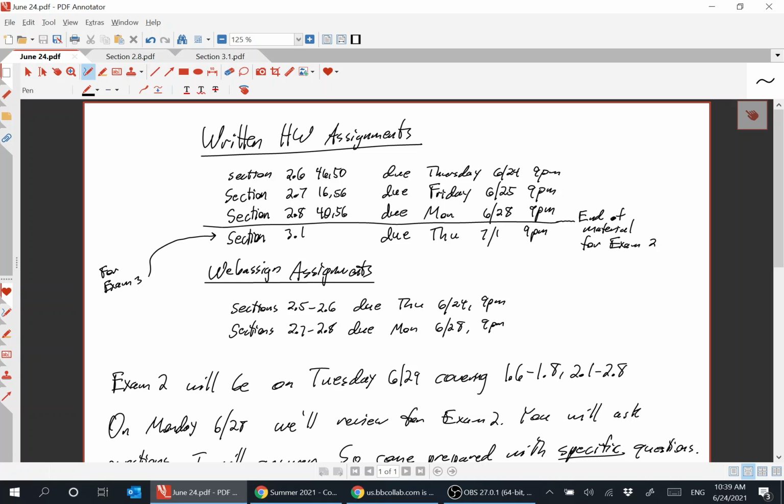Since I assigned number 56, stuff similar to that would be like number 55 and number 57. Okay, so those are the things you need to look at. So you need to understand number 56, and you need to understand the problems around it: 54, 55, 57, 58. Right? That's going to be good preparation for the exam. And every question I ask will be very similar to those.